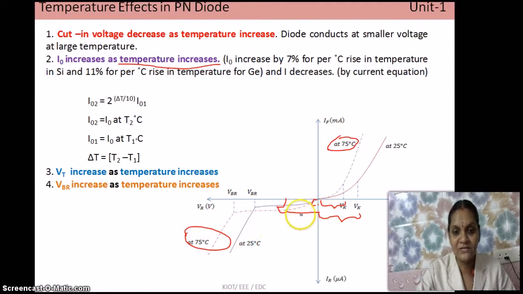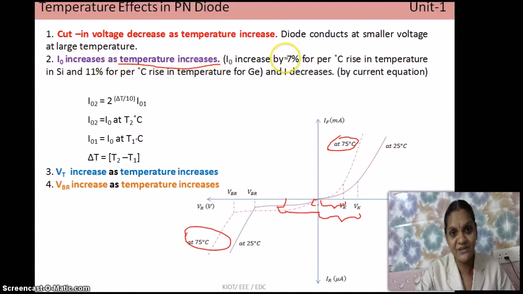Which is higher, I0 at 25 degrees centigrade or at 75 degrees centigrade? Yes, I0 at 75 degrees centigrade is higher. So I0 increases as the temperature increases.